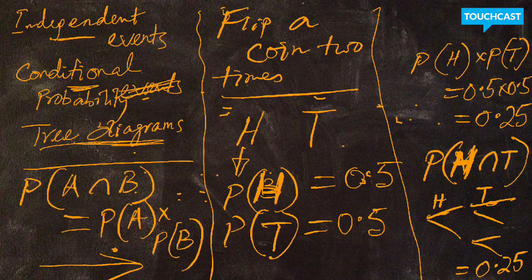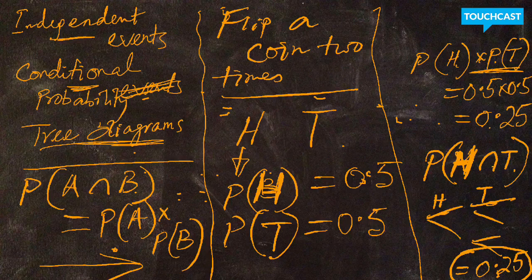That proves something. The probability of the intersection of two things, probability of getting a head and a tail is a quarter, and probability of head times probability of tail is also a quarter.